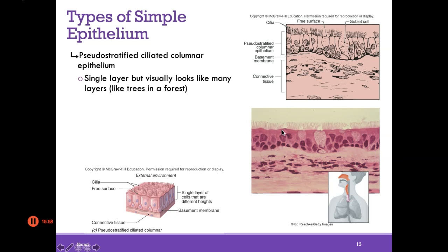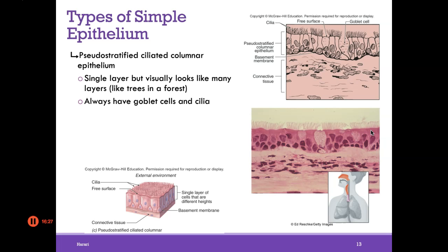Right, so when you look at this pseudostratified ciliated columnar epithelium, it looks like the nuclei are staggered at different positions. But in reality, this is still one cell thick. The nuclei are just at different positions. Almost like trees in a forest look like they have many different layers, but they're all anchored to the same ground, right? The trees are all at the same level, but it looks like many levels because their branches extend to different heights.